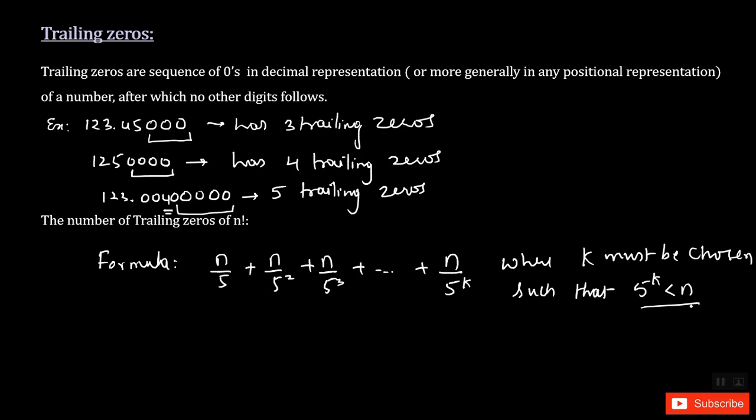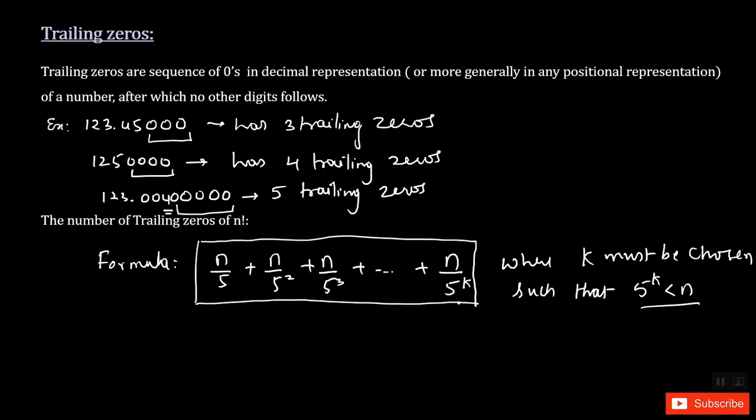So this is the condition. You have to choose the value of k such that 5 to the power k is smaller than the value of n we consider. This is the formula to find how many trailing zeros any positive factorial number has, where k is an integer.